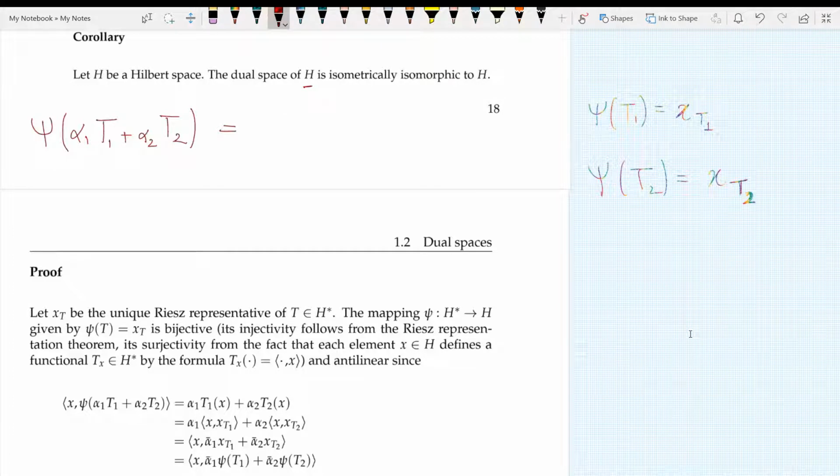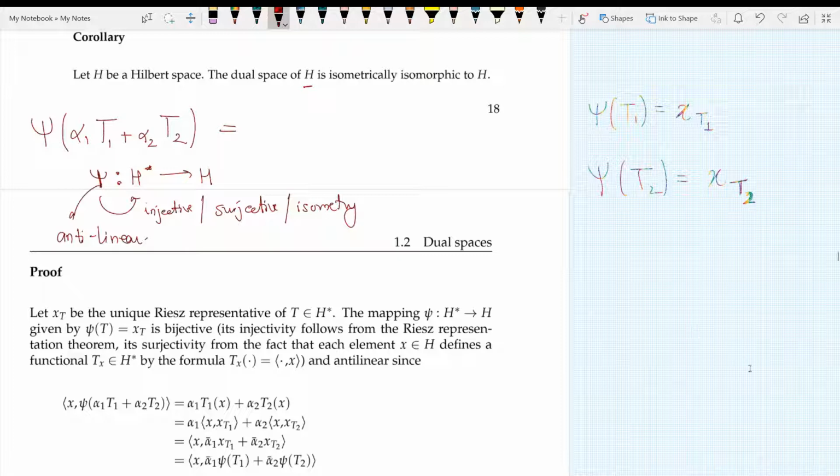As we saw in the previous series, in order to prove isometric isomorphism, I just need to show that there exists a function from my space H star to H, and this function, in the case of Hilbert spaces, is injective, surjective, an isometry, and if it's a complex Hilbert space, then rather than being linear, this function is antilinear.